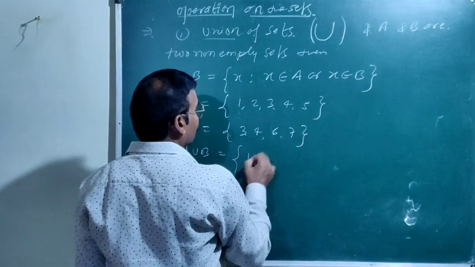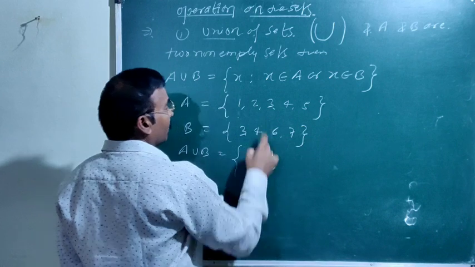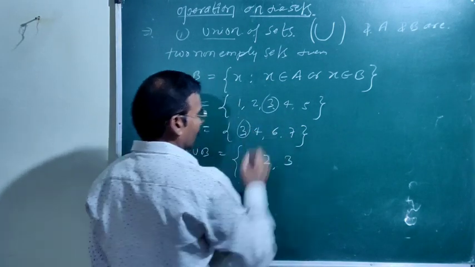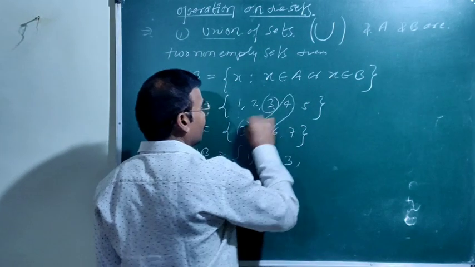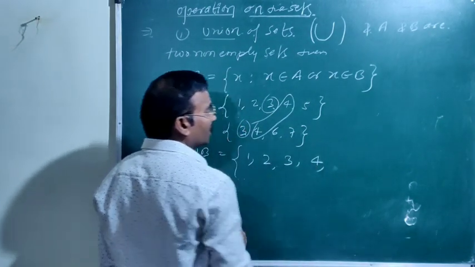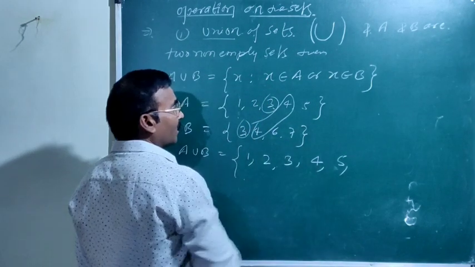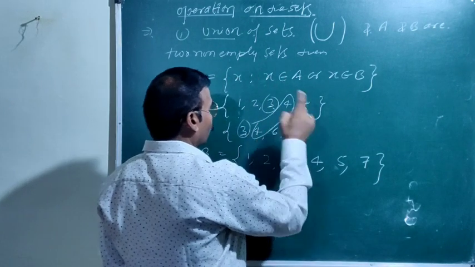So 1 and 2 are single from A, 3 is common to both, so you have to take it only once. 4 is repeated, 5 is single, so you write 1, 2, 3, 4, 5.